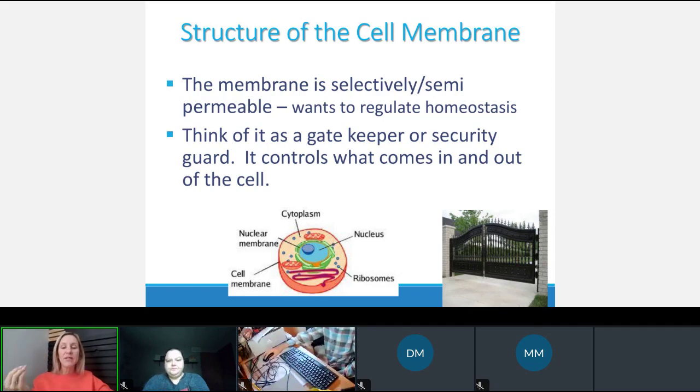And around the cell, because our cells need stuff. All right? Think about the entrances to your house. How can you get in and out of the place that you live? Doors.